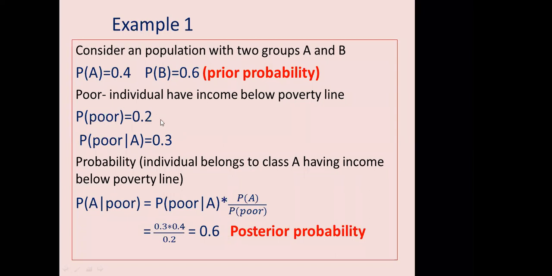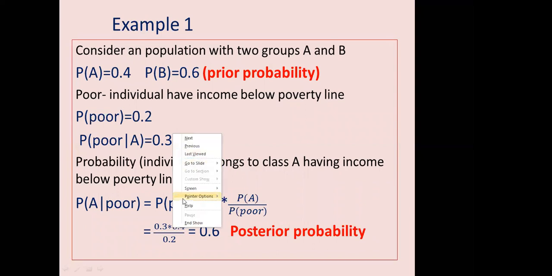We have some additional information that 20% of the population has income below the poverty line, that is, probability of poor is equal to 0.2, and 30% of individuals from class A have income below the poverty line, that is, probability of poor given that the individual belongs to class A is 0.3.